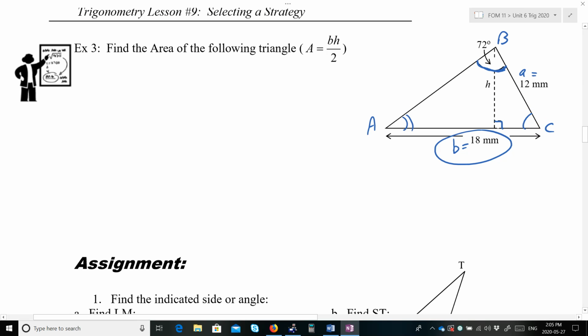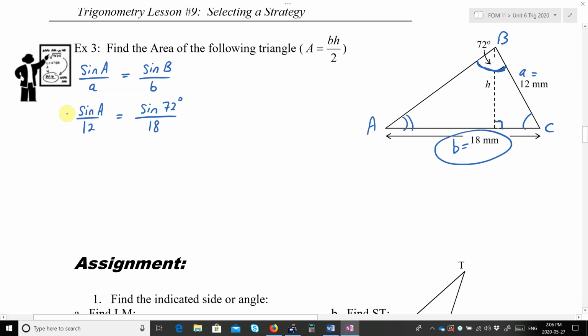So let's get angle A first, and I will say sine A divided by its opposite side is equal to sine B divided by its opposite side, because we know angle B and its opposite side. So sine A divided by its opposite side, which is 12, and sine B, angle B, is 72 degrees, and its opposite side is little b, which is 18.